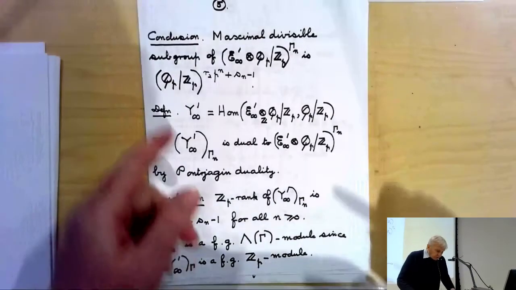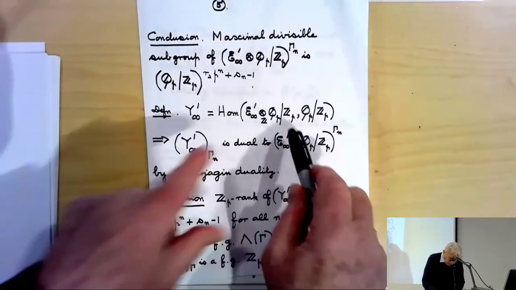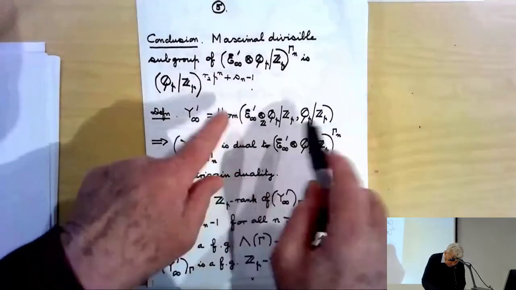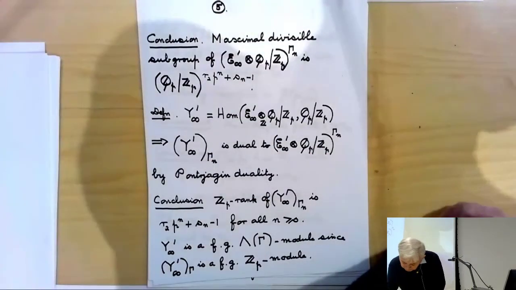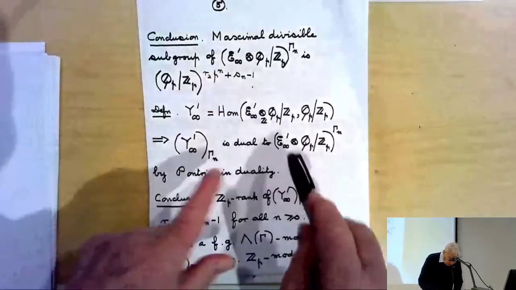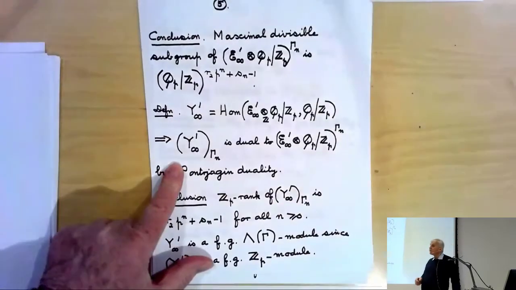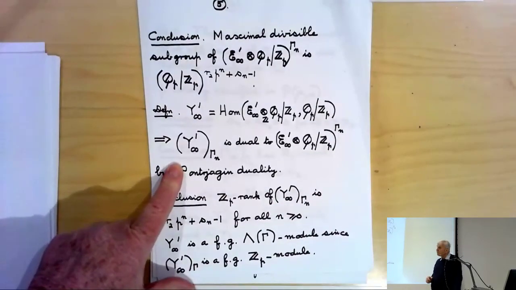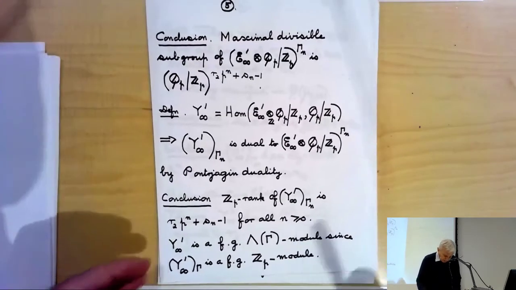And so by Pontryagin duality, the gamma n invariance of E infinity prime tensor Qp mod Zp, here they will be dual to the gamma n co-invariance of Y infinity prime. That's the whole point, just by Pontryagin duality.